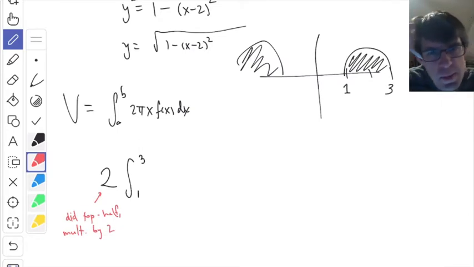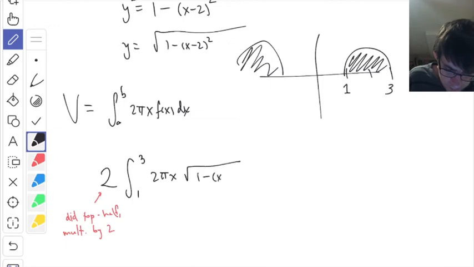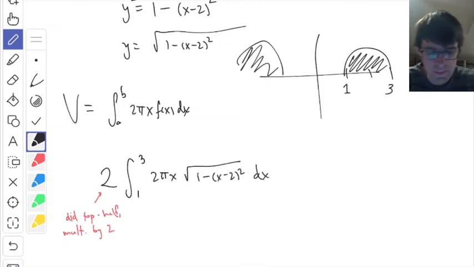It's typically not part of the ordinary volume formula, just because in this example we're doing a special trick where we're multiplying the whole answer by 2. Anyway, the integral from 1 to 3 of 2 pi x f of x dx. All right, and this is my answer.